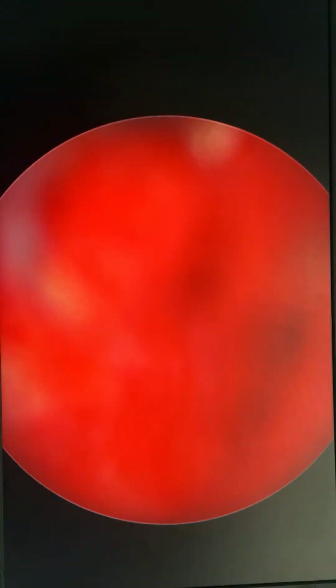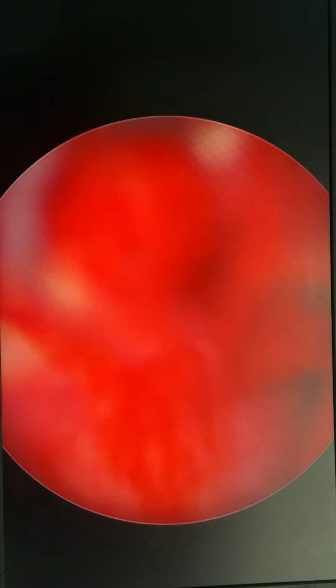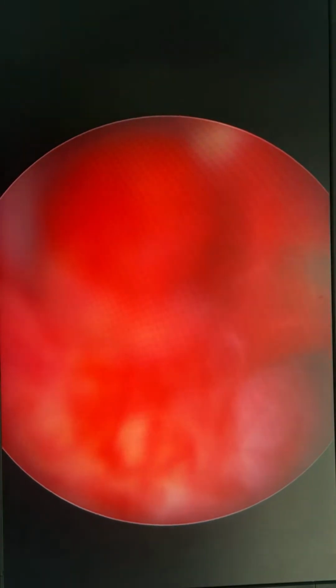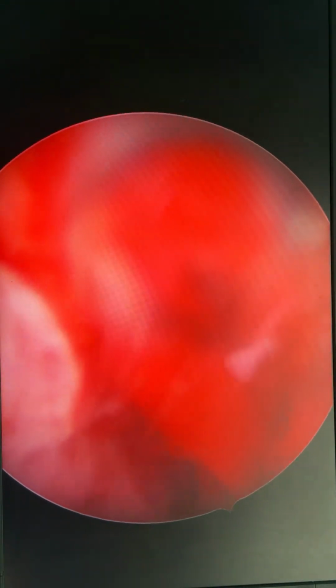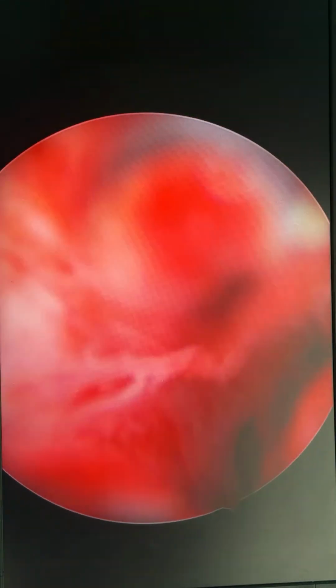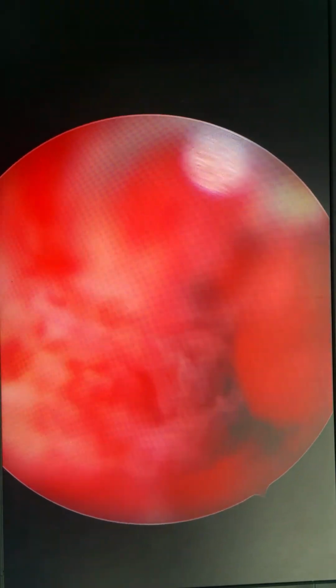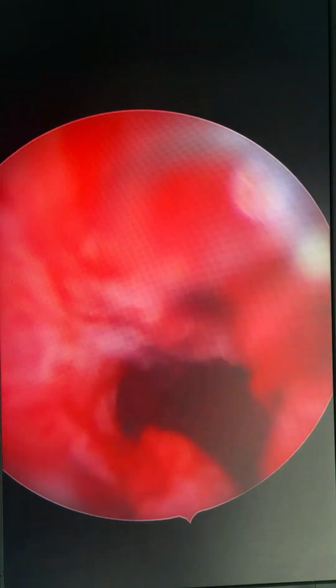So once we are very clear that there are no bubbles, then only we start our entry. So a white balance has been done. So gradually I'm making my way in. So there's no need or never any need to rush or push. It should be a very gentle entry.